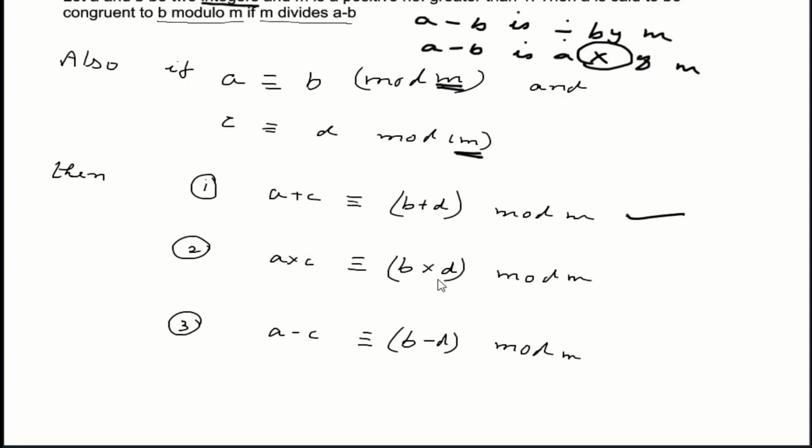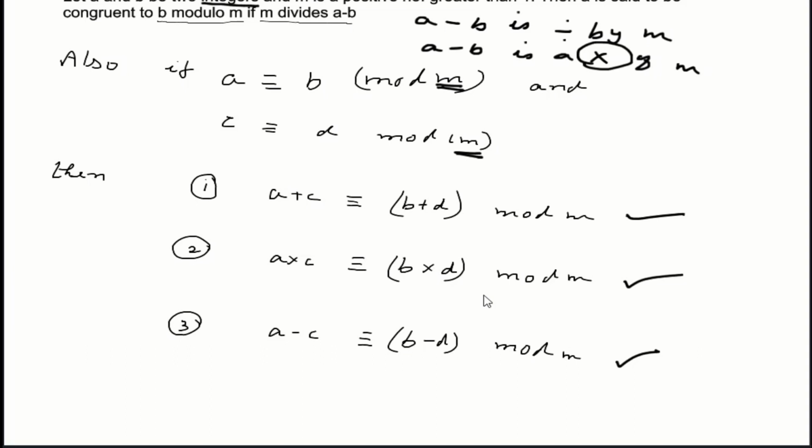You can multiply also: a times c is congruent to b times d mod m. Even if you subtract, it will hold good: a minus c is congruent to b minus d mod m. It is not only for two numbers, it is for any numbers, like a plus b plus c is congruent to b plus d plus e. You can add or multiply any numbers and this will hold good. So we might be using these results while doing the sums.